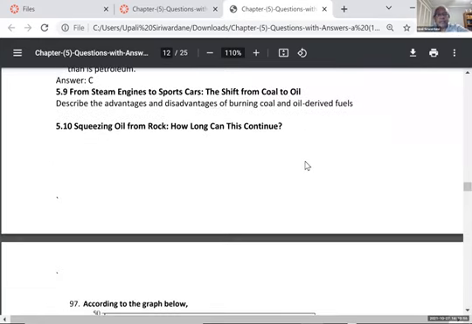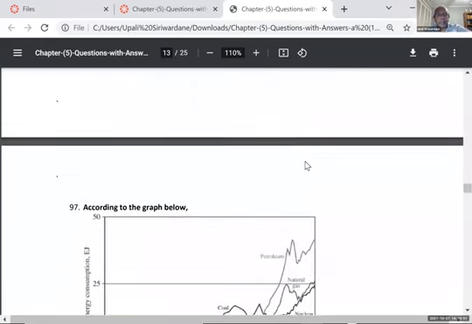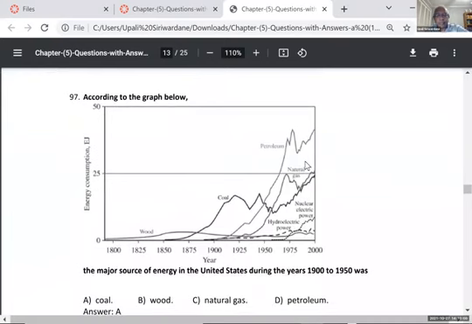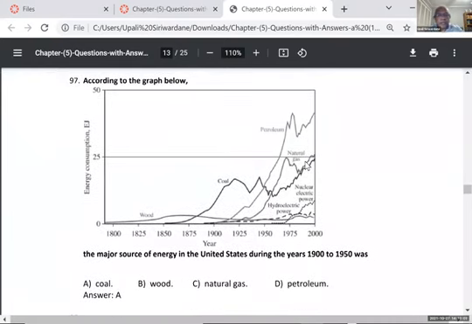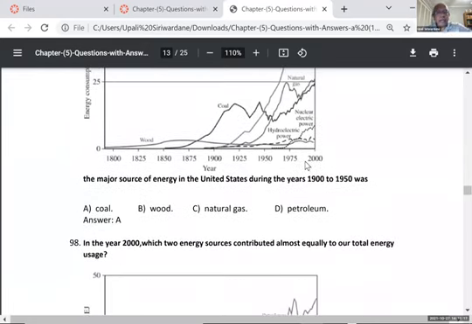Okay, let's look at the diagram. What was the major energy source in the United States during the years 1900 to 1950? Petroleum, coal, natural gas, we know these. Between 1900 and 1950, the major one is coal.